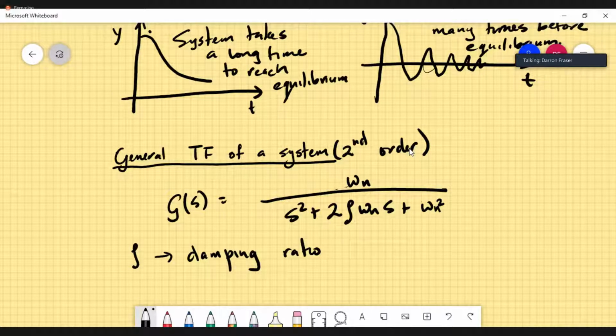The damping ratio of the child on the swing in air would be low, whereas if the child was in condensed milk on a swing, the damping ratio would be high. So we just need to make a note that if the damping ratio is equal to 1, that is critical damping.